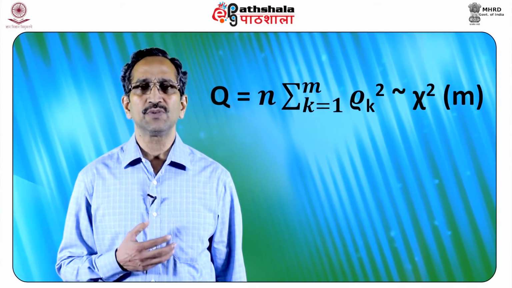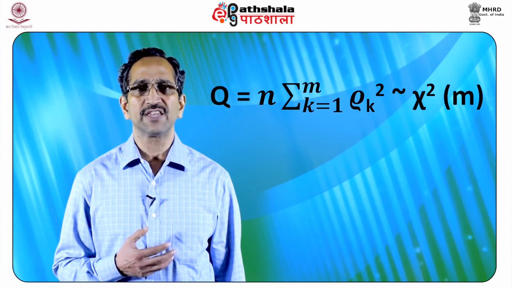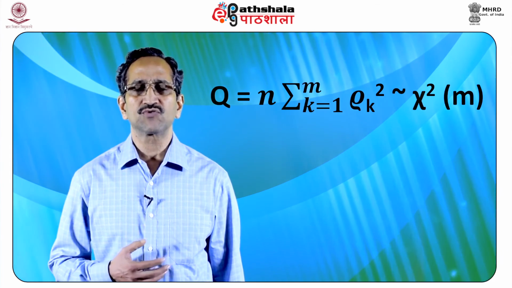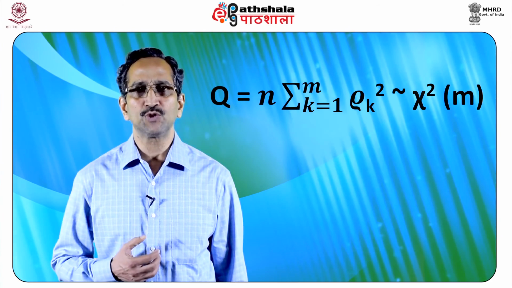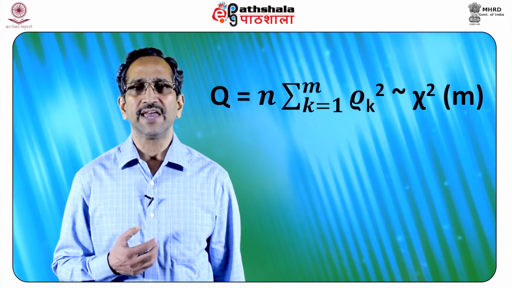Q is defined to be equal to n sigma rho k square, where sigma ranges from k equal to 1 to m. And this is distributed as chi-square with m degrees of freedom. So rho k we are saying is sample autocorrelation with lag k, m is the number of lags to be tested.